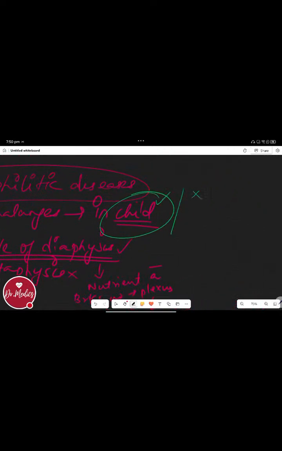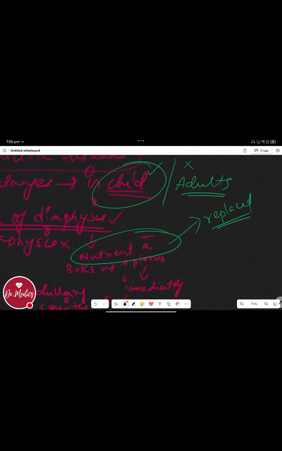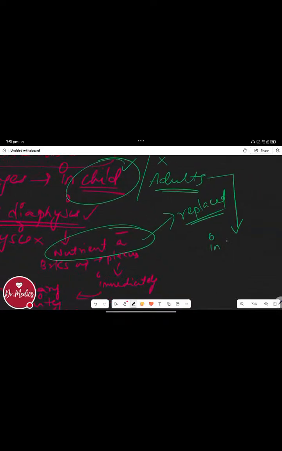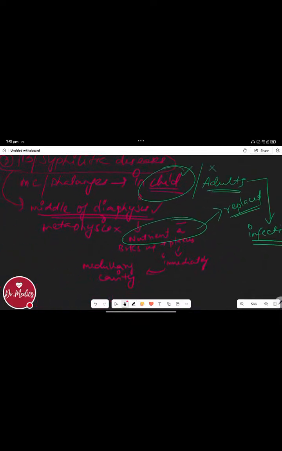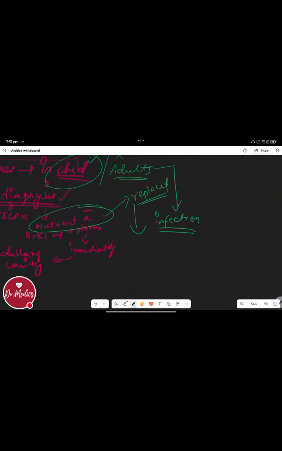It is common in children, not in adults. Why? Because the nutrient artery is replaced in adults by the periosteal vessel. It doesn't mean that the disease does not occur in adults, but it will occur in different forms, like infection that can be treated.